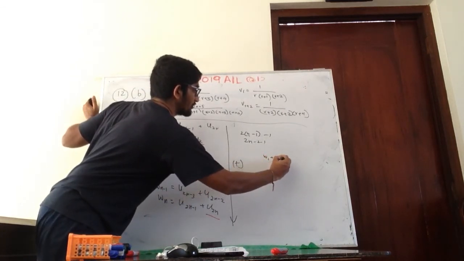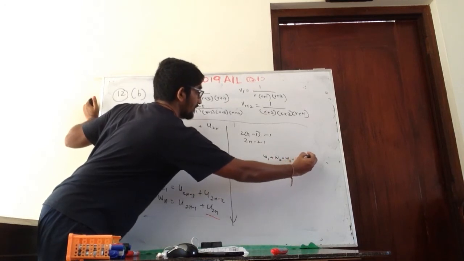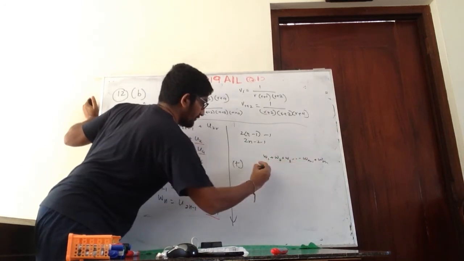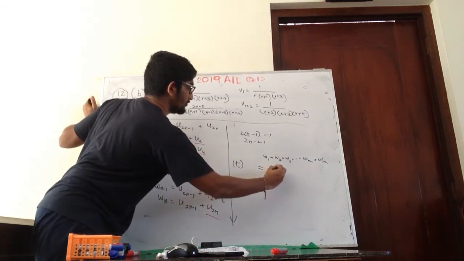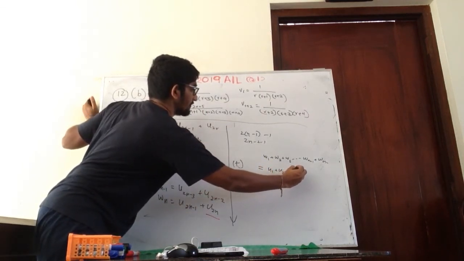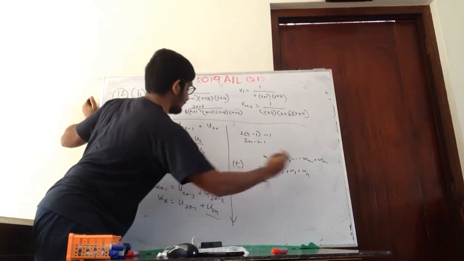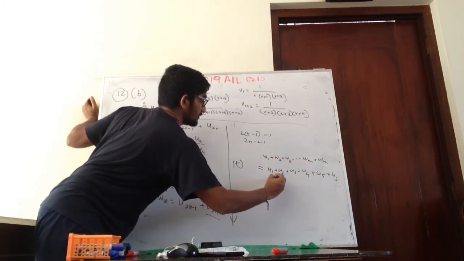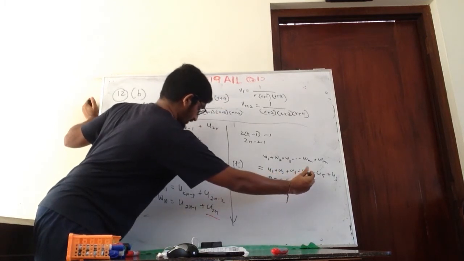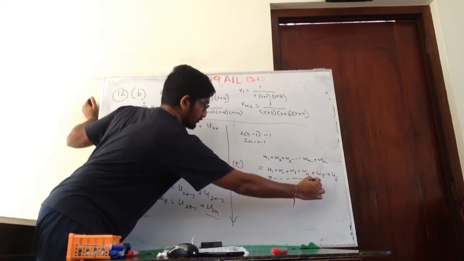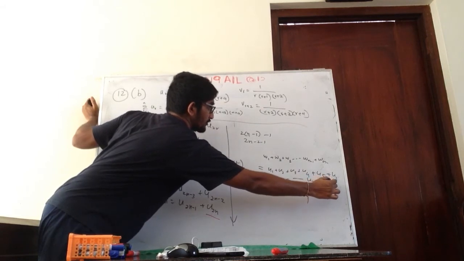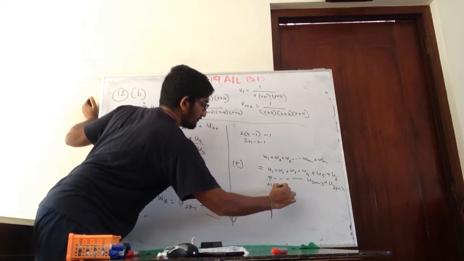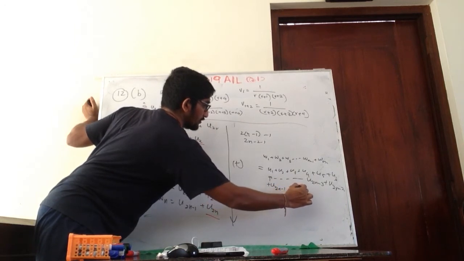W1 plus W2 plus W3 up to Wn minus 1 plus Wn will be equal to U1 plus U2 plus U3 plus U4, U5, U6, then U2n minus 3, U2n minus 2 plus U2n minus 1 plus U2n.